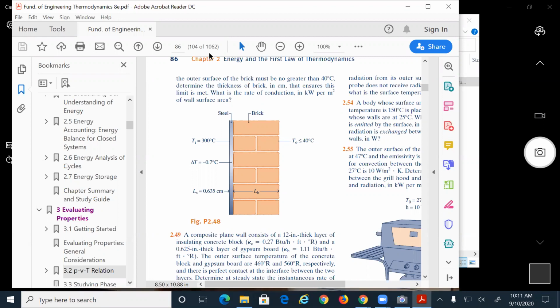Okay, so they tell you that the inside temperature, T sub I, is 300 degrees Celsius. The T outside here needs to be lower or equal to 40 degrees Celsius. And the drop in here, the delta T here, is negative 0.7 degrees Celsius.